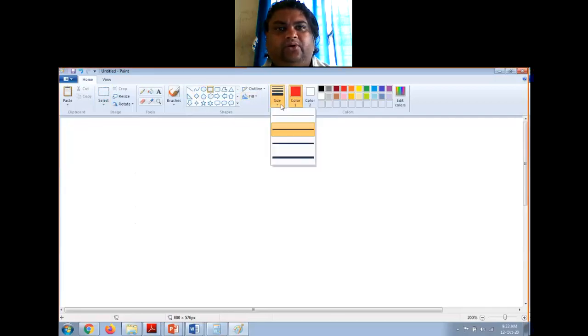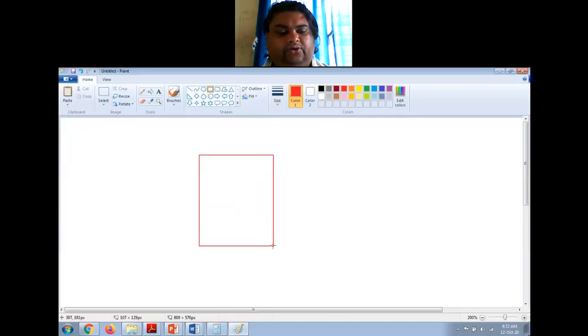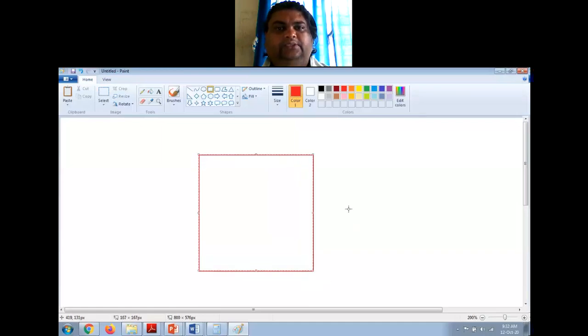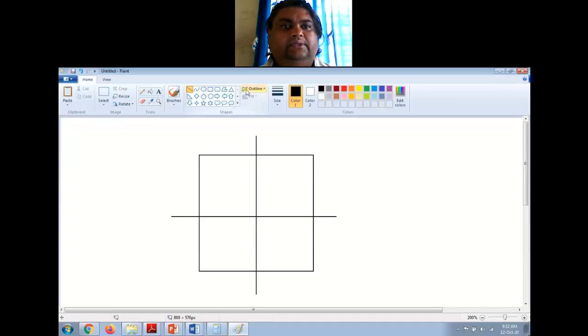So first I will draw a section of this sort. Let us say this is 120, right? Now the thickness is given as 20 mm. First I will draw the lines like this. Now I'll use thicker lines.